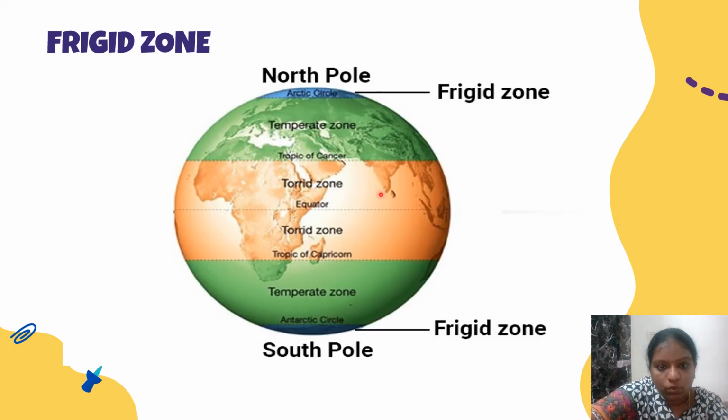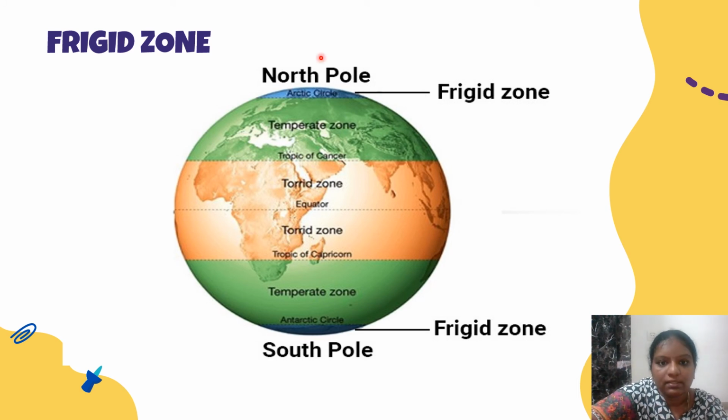The next zone is the frigid zone. As the name implies, frigid means it is very cold. Since the sun's rays do not fall directly, they fall very slantingly. Only the slanting rays of the sun fall on the North Pole and the South Pole.